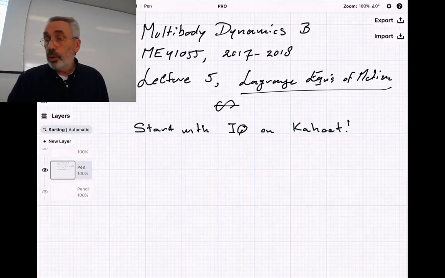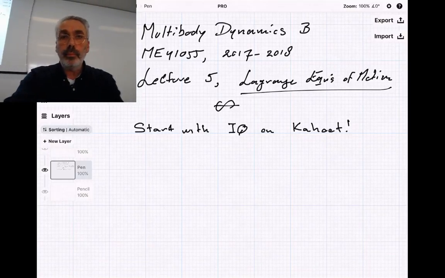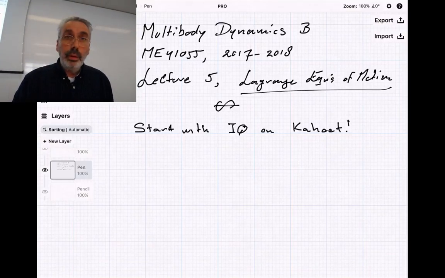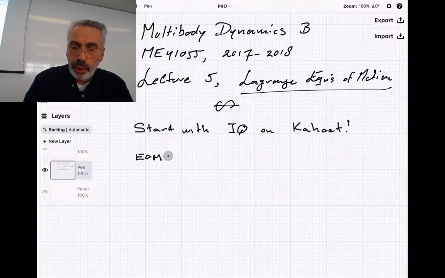So today's topic, as I said, is Lagrange equations of motion. Let's revisit the equations of motion we derived until now. For our constrained system, we always come back to the following set of equations.